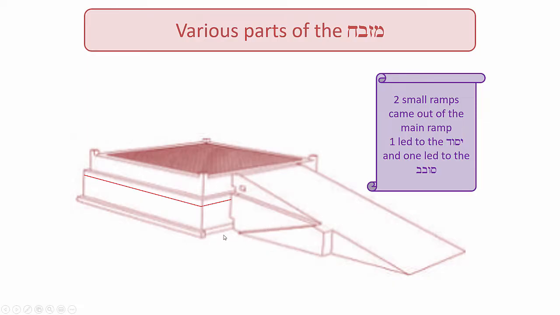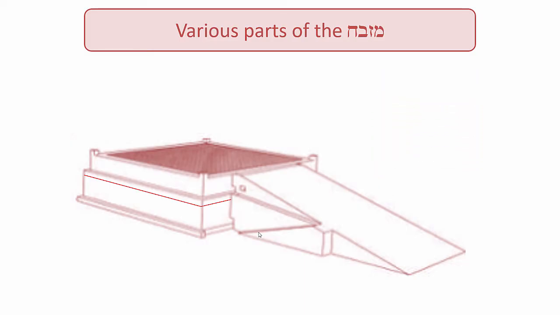One of them led to the side over here, and one of them led to the Seviv over here, either on this side or the other side. So there were two small ramps that extended from the Mizbeach, one to the Yesod and one to the Seviv. And with that, we'll end the class about the Mizbeach.